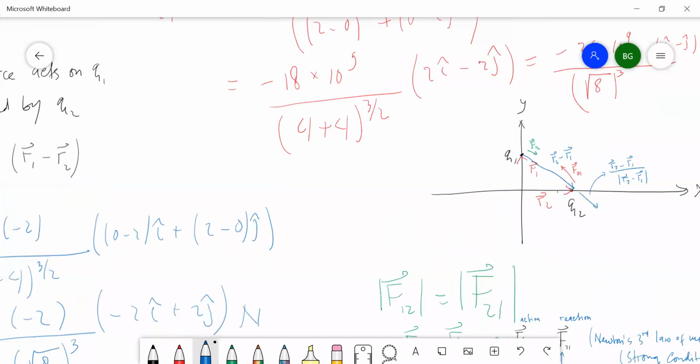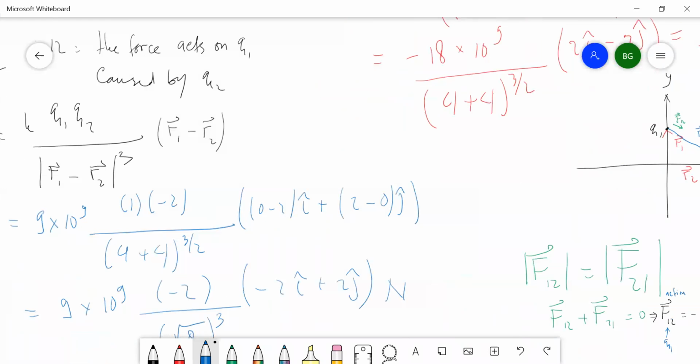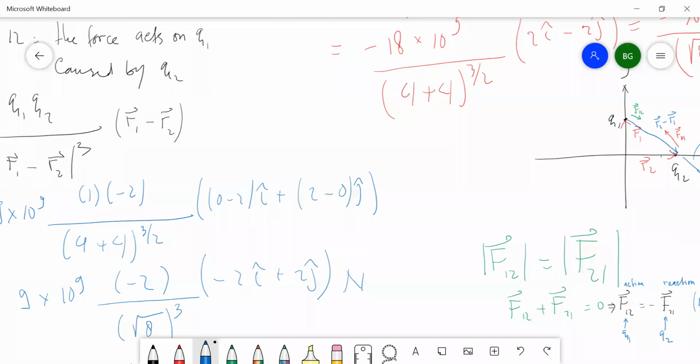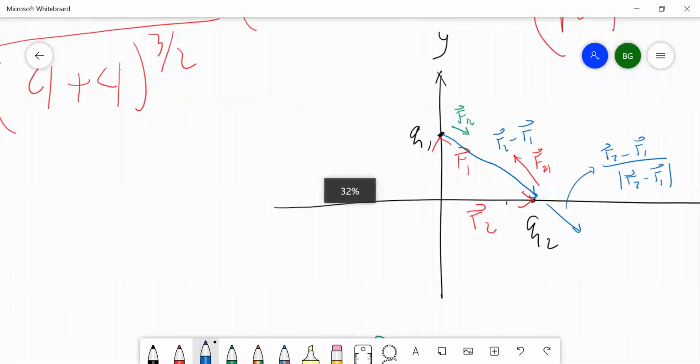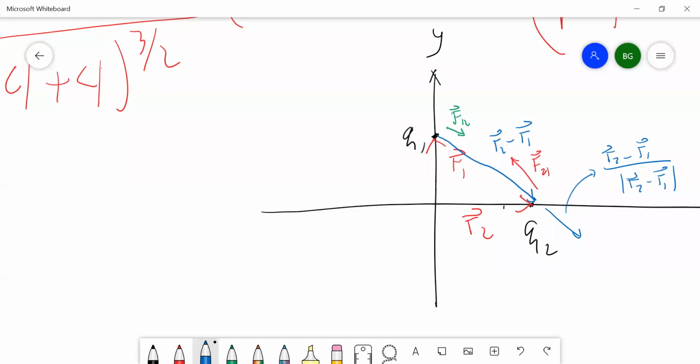The big point is that the sign of the charges also influences the direction of the force. That's the goal of this example. The charge also influences the direction of the force acting on it.